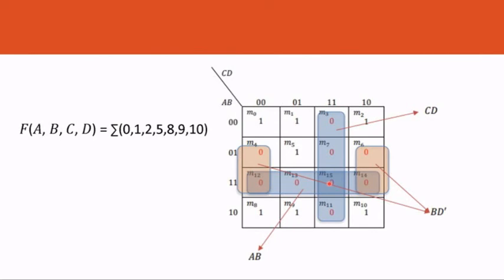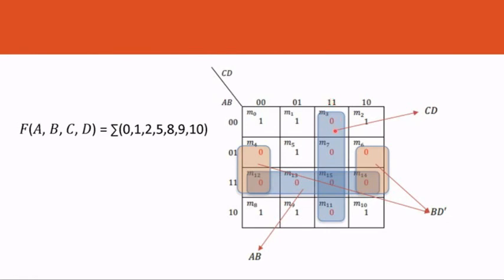How about B? For minterm 3, the value of B is 0, but if we look at minterm 15, the value of B is equal to 1. Again, B is different in minterm 3 and minterm 15, therefore B will be cancelled out. But if you look at C and D, minterm 3, minterm 7, minterm 15, and minterm 11 have the same value of C, which is equal to 1.